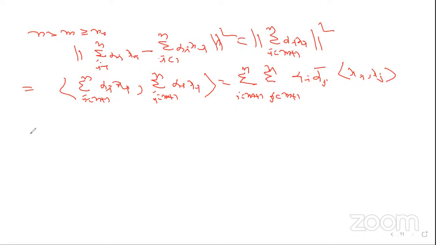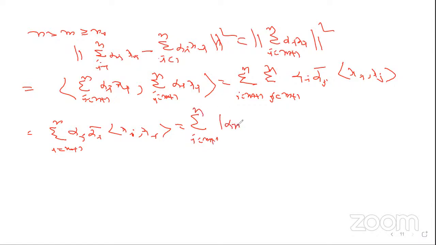That equals the sum over i from m plus 1 to n of alpha i times alpha i conjugate, inner product of xi comma xi, that equals the sum from m plus 1 to n of modulus alpha i whole square, less than epsilon square.